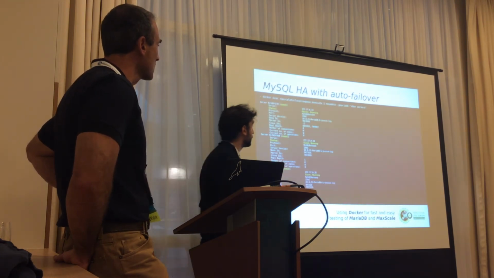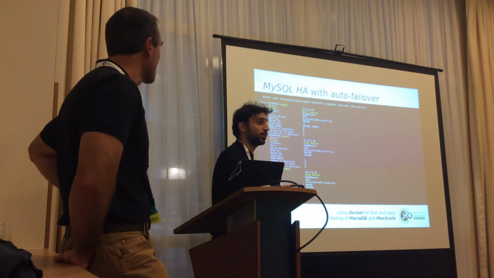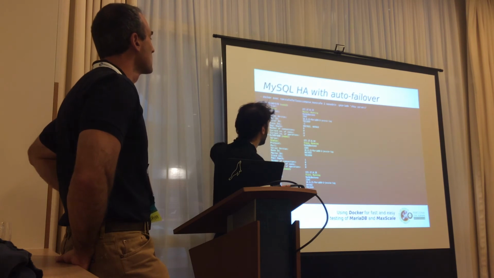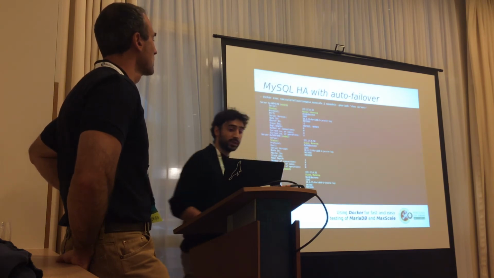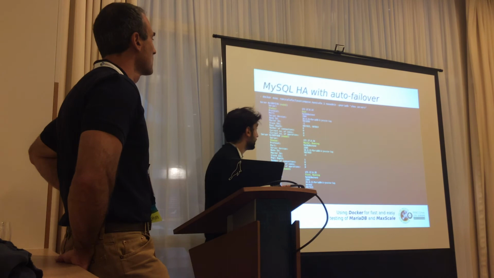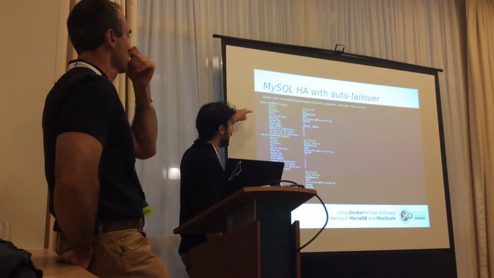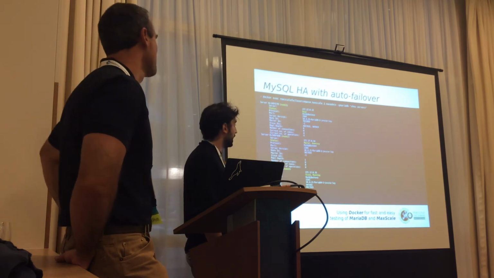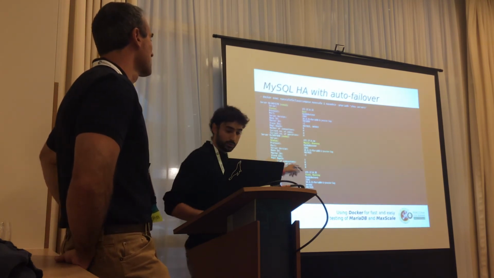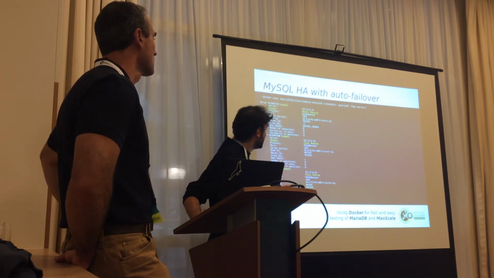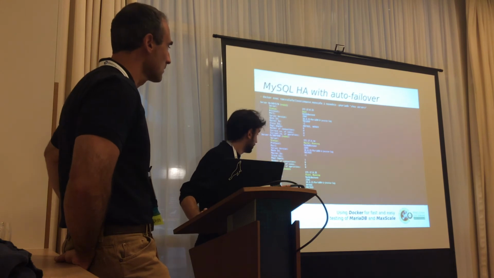What happens is that when we stop the master container with docker stop, before stopping the master the configuration is exactly that one. We have the master running and two slaves running. When we stop the master, we see that MaxScale automatically propagates the master down event, and our script automatically elects a new master, that one, and you can also see that the master ID has changed here, and here.